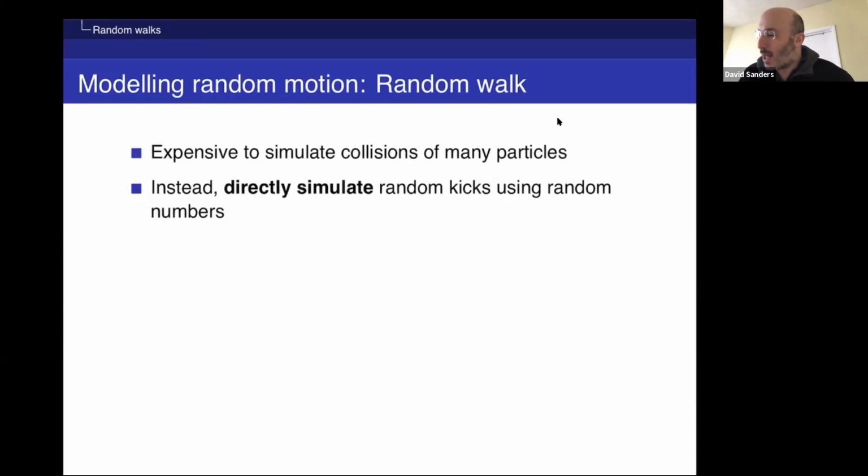And as we saw, well, you could simulate many particles all bouncing off each other, but that's going to be computationally expensive to do, and it's actually just going to result anyway in some kind of motion where this particle moves around seemingly at random. And so instead of doing that complicated thing, we'll do something much easier. We'll just sort of simulate this idea that we have these random kicks, right? So what does that mean?